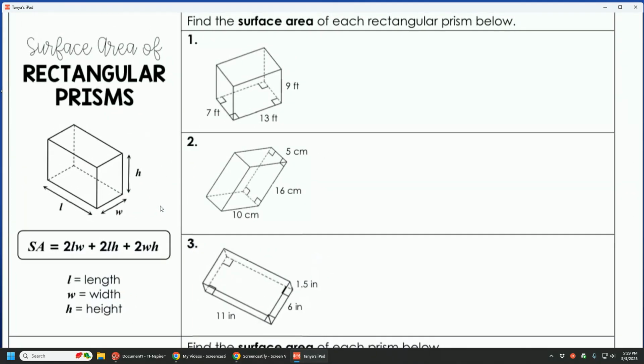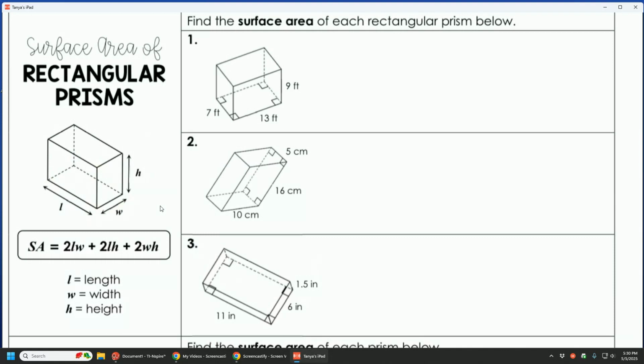On the left there, it has the formula. When it's rectangular, there are three dimensions: length times width times height. When you're finding surface area, you need to find the area of each one of these shapes. There are actually 6 sides: the front and the back, the left and the right, and the bottom and the top.